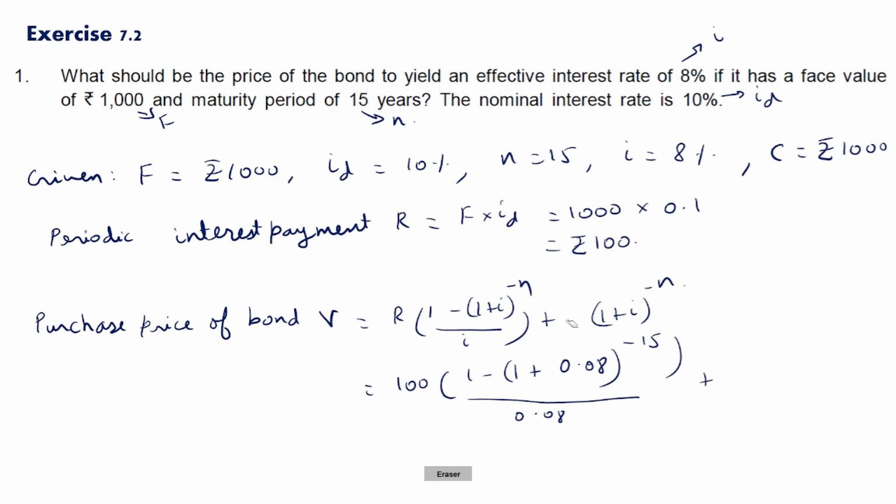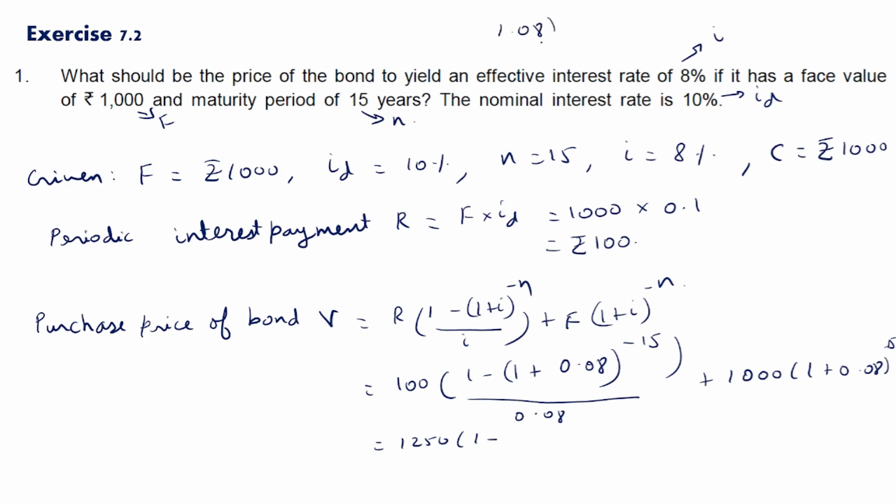So here we can write even F. Plus 1000 into 1 plus 0.08 the whole raised to minus 15. So this is equal to 100 by 0.08, it is 1250 into 1 minus 1.08 the whole raised to minus 15.